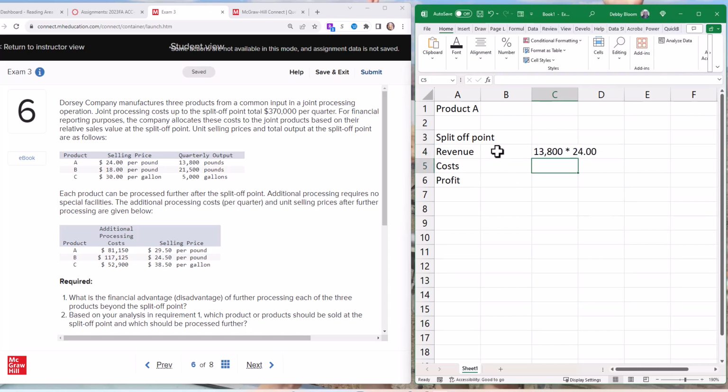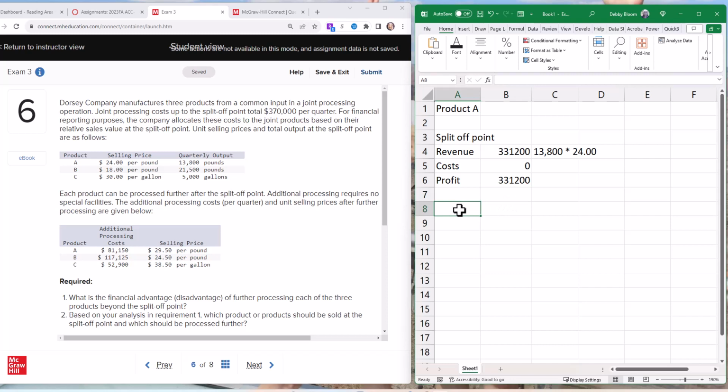There will be no additional processing costs. So our profit, of course, will be $331,200, our revenue minus the additional processing costs.